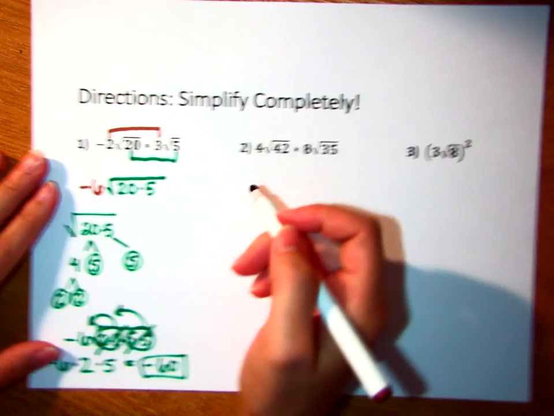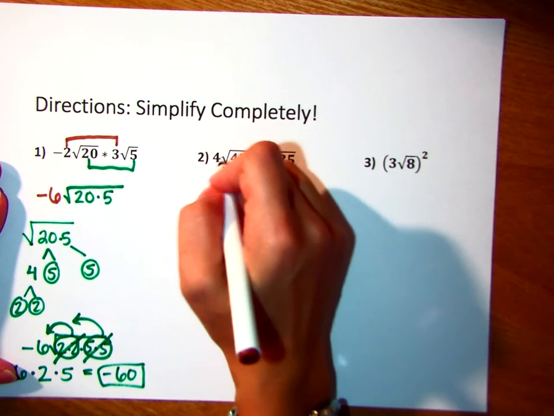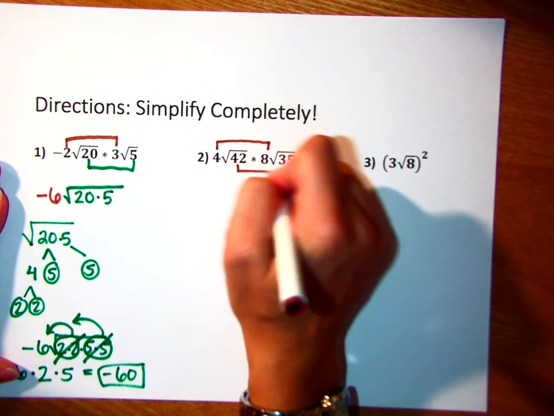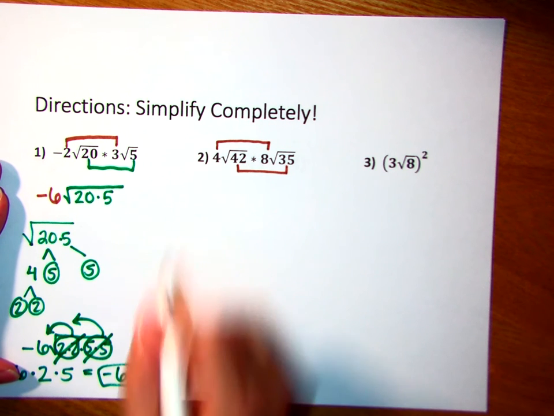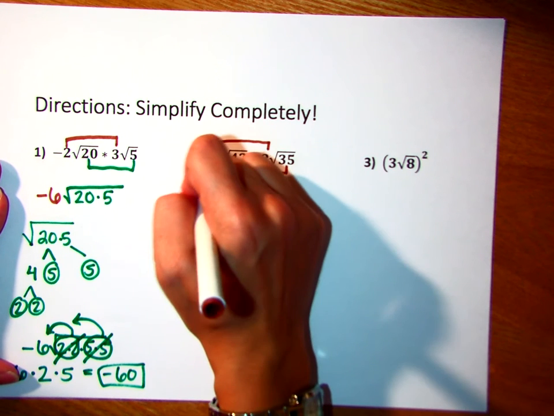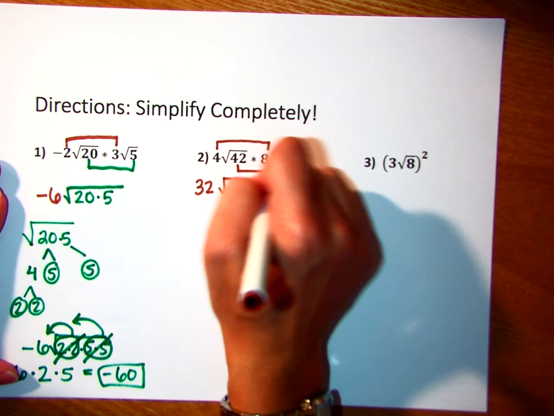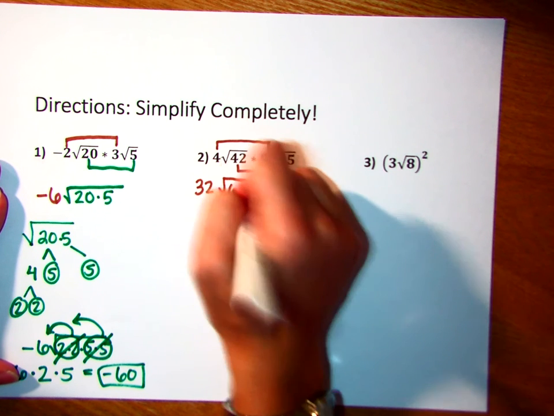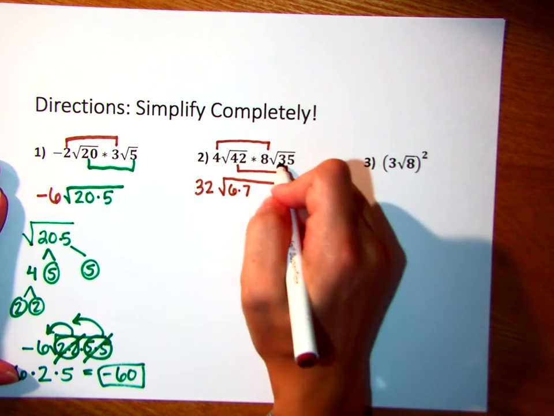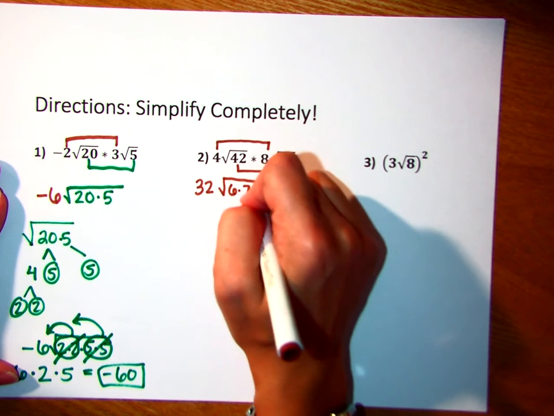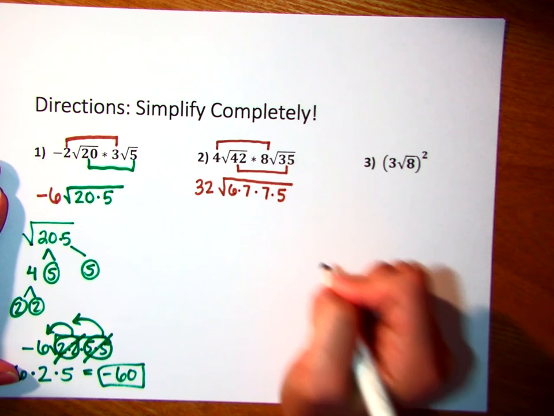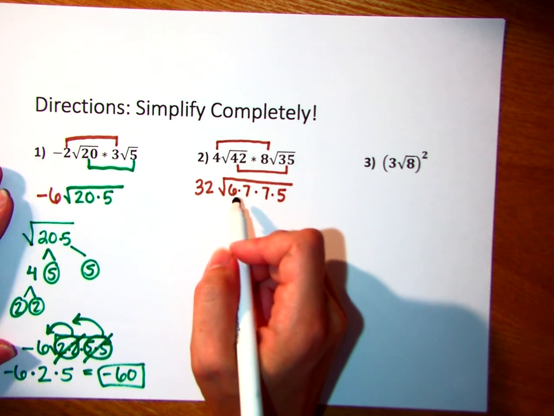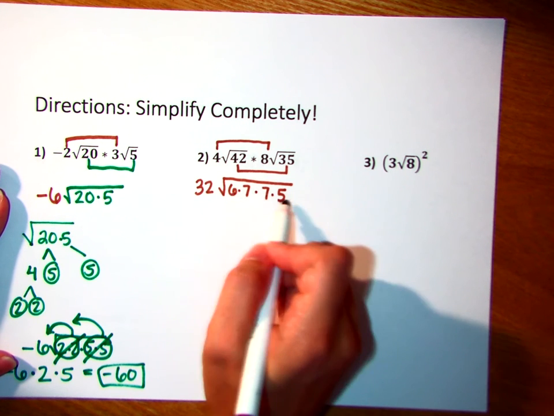If you look at number 2, same idea. We're going to be multiplying the numbers here on the outside, the coefficients, and we're going to be multiplying the radicands together. So 4 times 8 is 32. Square root of, I know that 42 is made up of 6 times 7. And I know that 35 is comprised of 7 times 5. And if I think about 6, you're like, oh, you can break that down more. Yes, that's true. That's 2 times 3, but that wouldn't make me any twins in here.